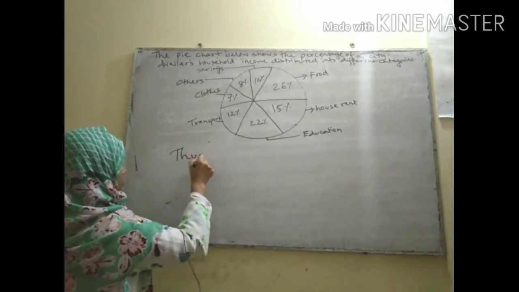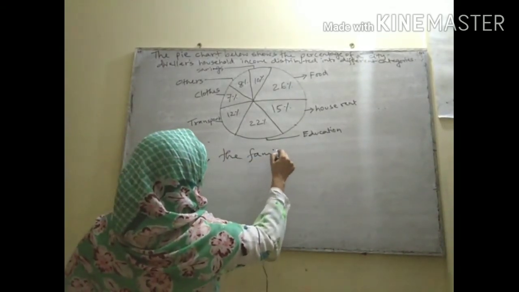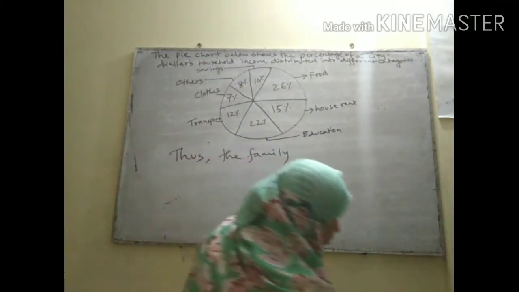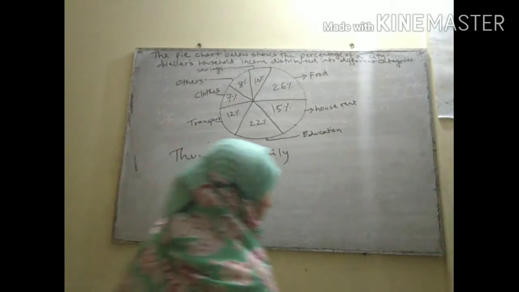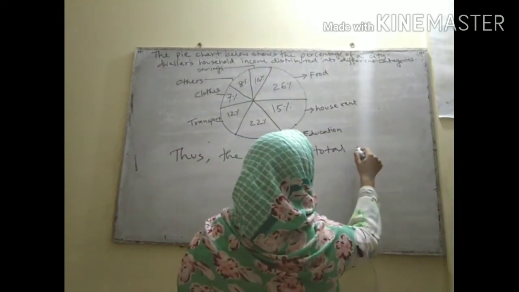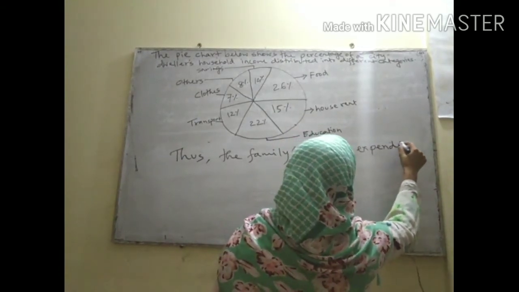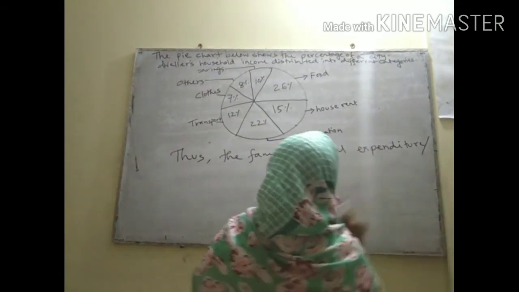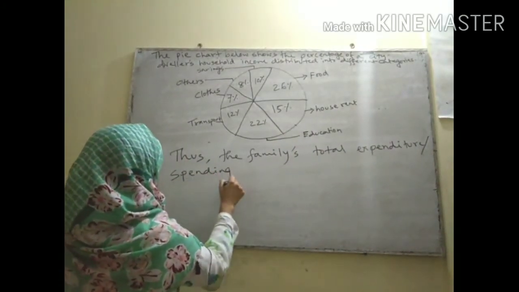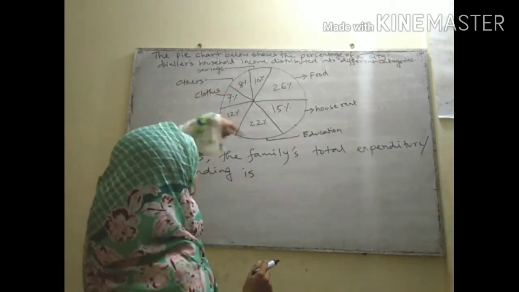Thus, the family's total expenditure or spending is total 90%.